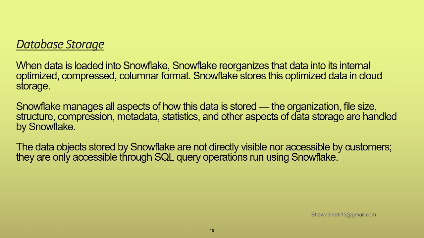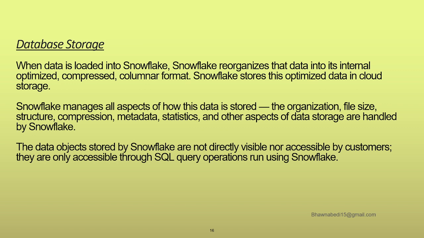Remember that whenever you load the data into Snowflake, it compresses that data internally. It compresses the data, it optimizes the data when you store it in Snowflake. It reorganizes your data to compress it, and it compresses it in a columnar format.